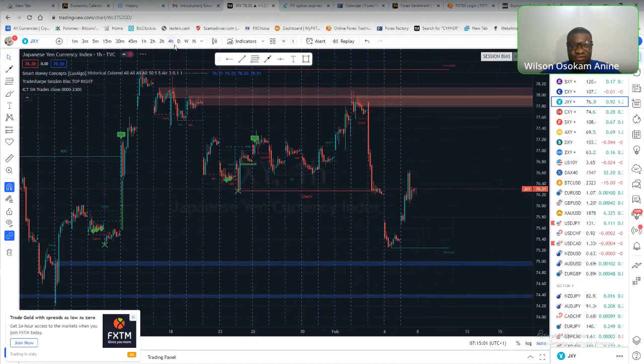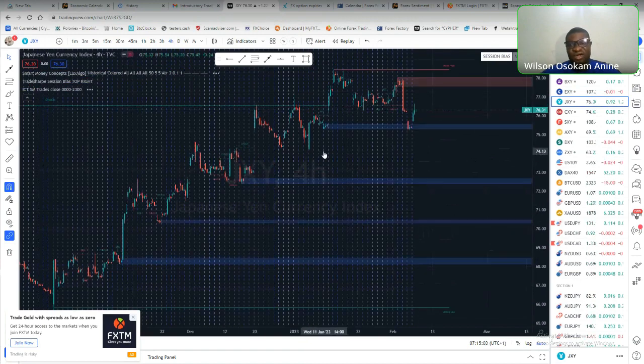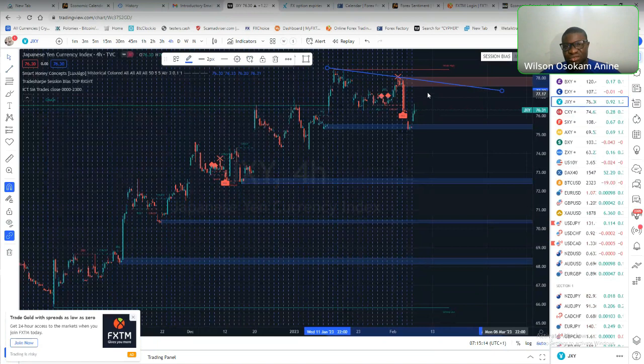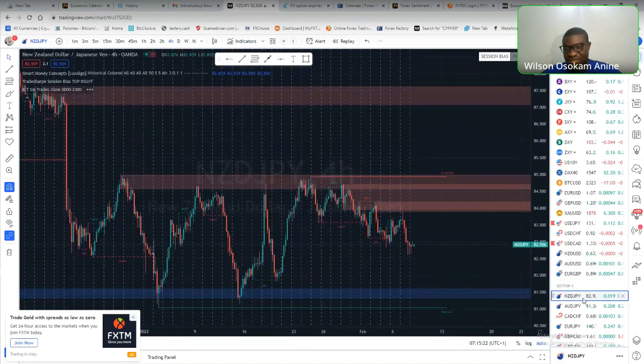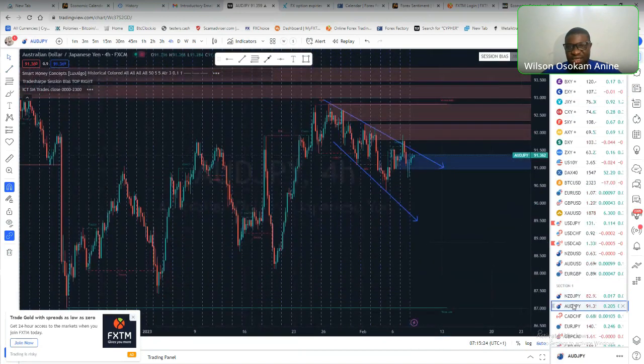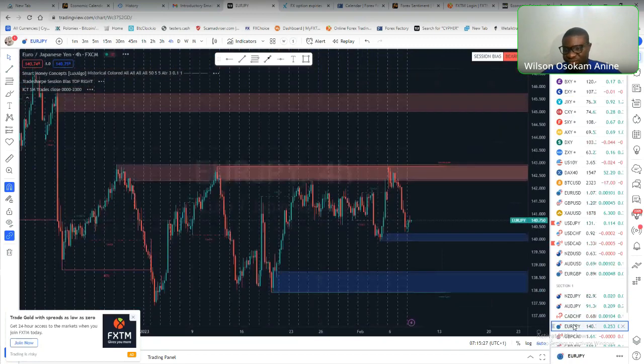Okay, let's go to the H4 chart. So for this market to have enough selling pressure, I want a retest of going all the way back up to this zone. Most of the Japanese pairs have already done a very good run to the downside, especially NZD-JPY, AUD-JPY, then Euro-JPY especially.